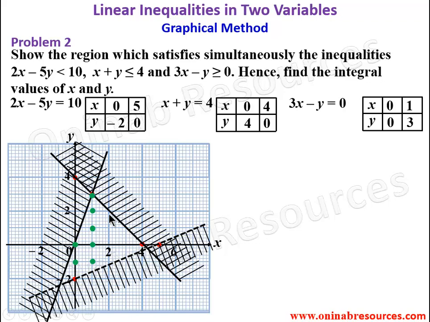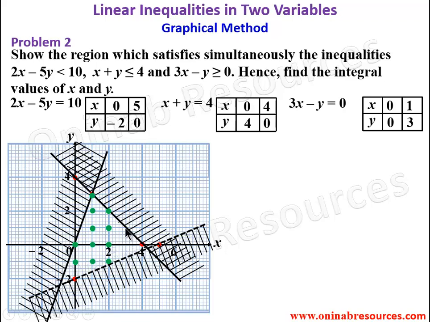We go to x is equal to 2. For x is equal to 2, this point here is inside the required region because this line is a bold line, so we mark it. This is inside, we mark, and also this point will be marked out. Then for x is equal to 3, this is the line.